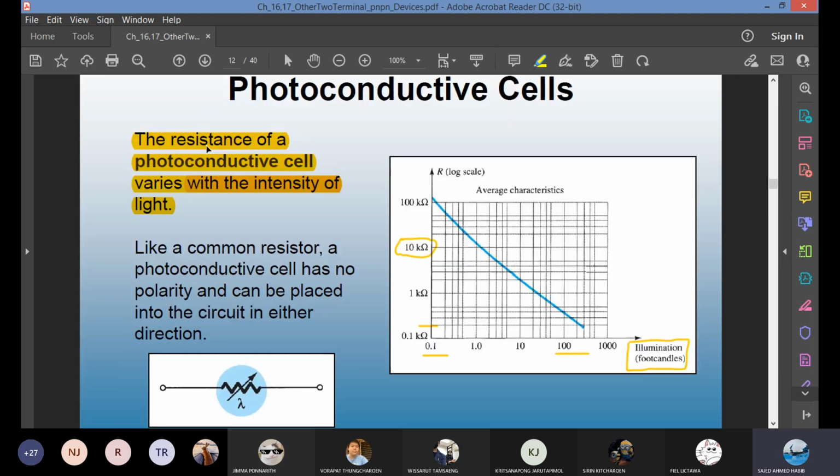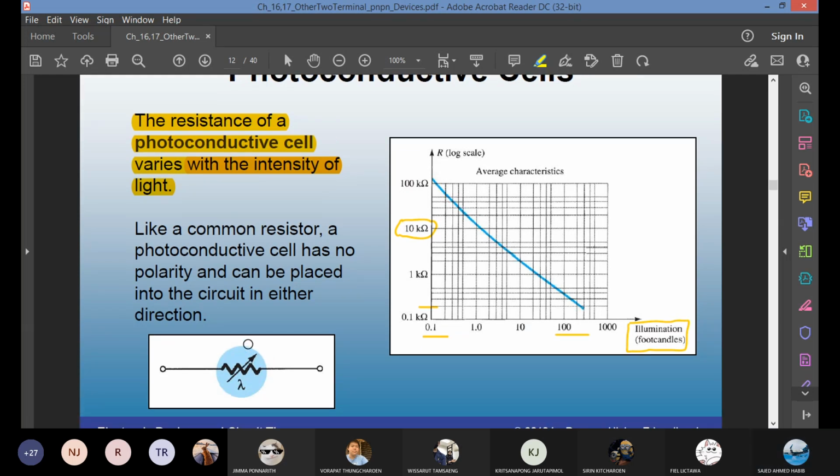A photoconductive cell is actually a variable resistance which changes with the applied wavelength of the light. This is the symbol. It's not a diode symbol. It's a resistor symbol, a variable resistor with the Greek letter lambda written next to it. So with the intensity of light, the resistance changes.